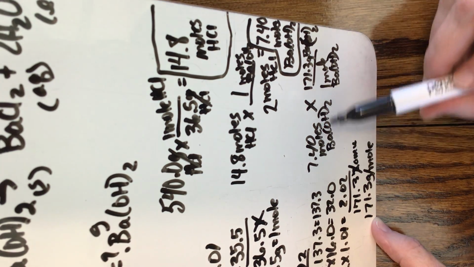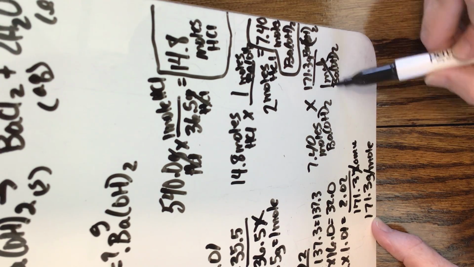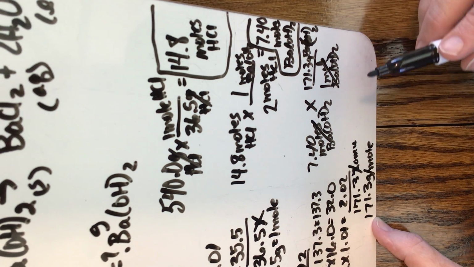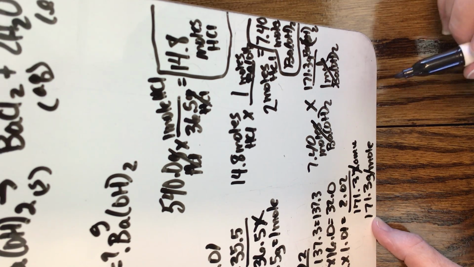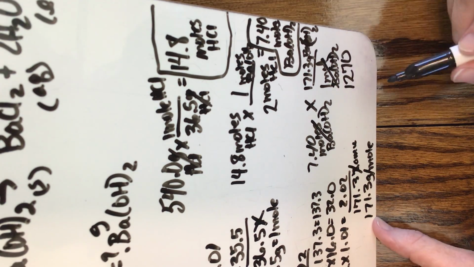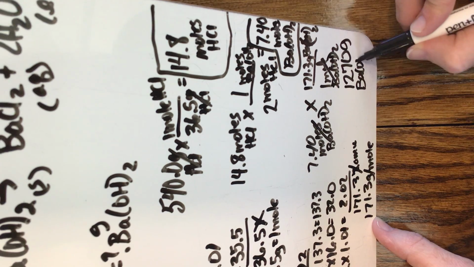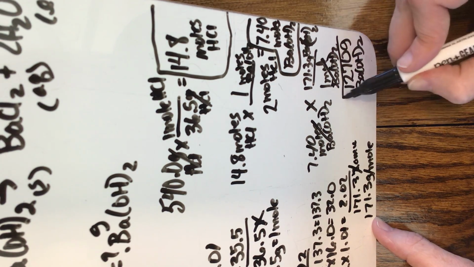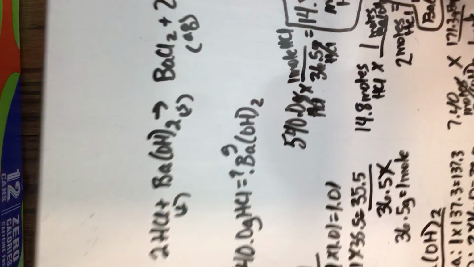So 7.40 times 171.3, the moles cancel. I want 3 sig figs, so my answer is going to be 1,270 grams of barium hydroxide. And that's the end of example 6-7.